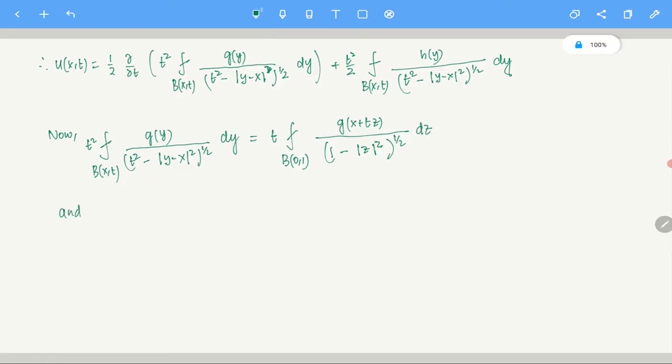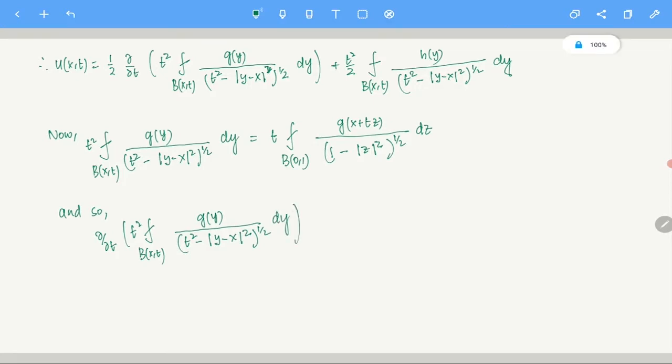And so what do you have? We have this calculation, del t. So I have to calculate this del t of t square, the average over B(x,t) of g(y) by t square minus |y minus x| square whole power half dy.